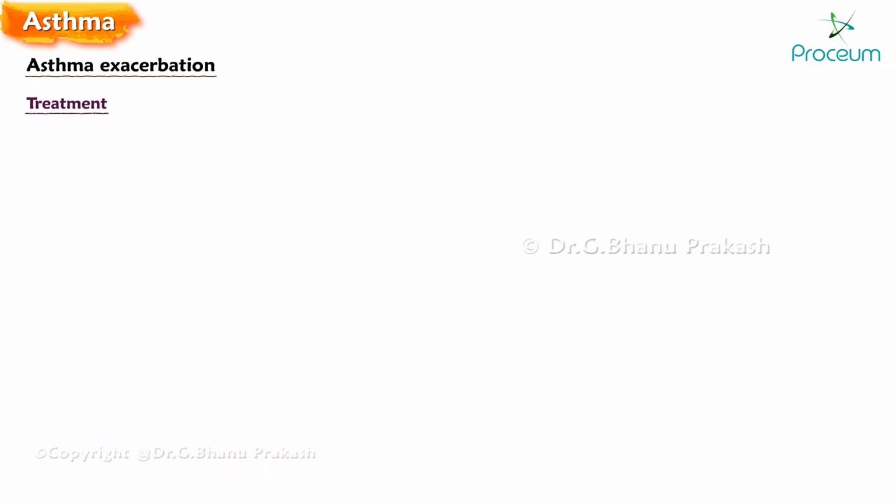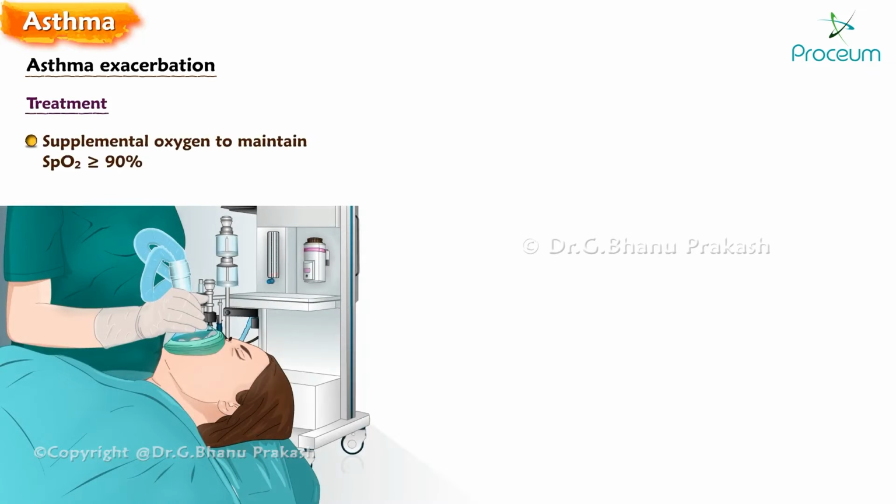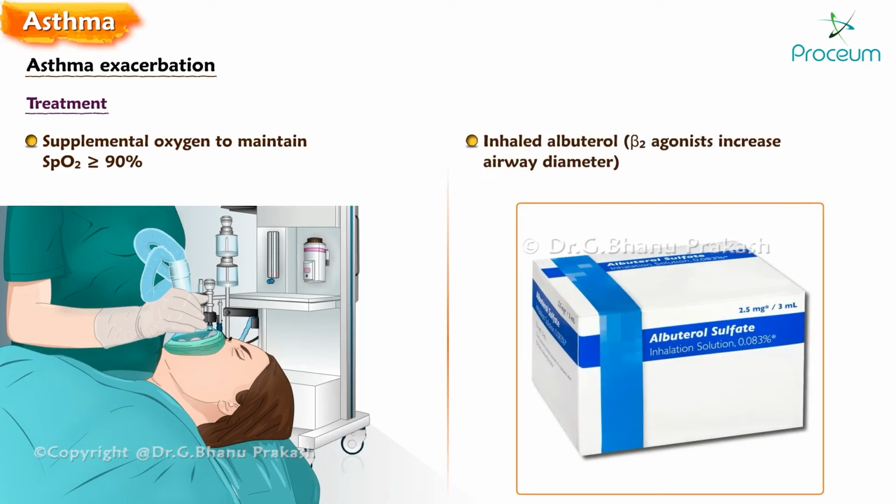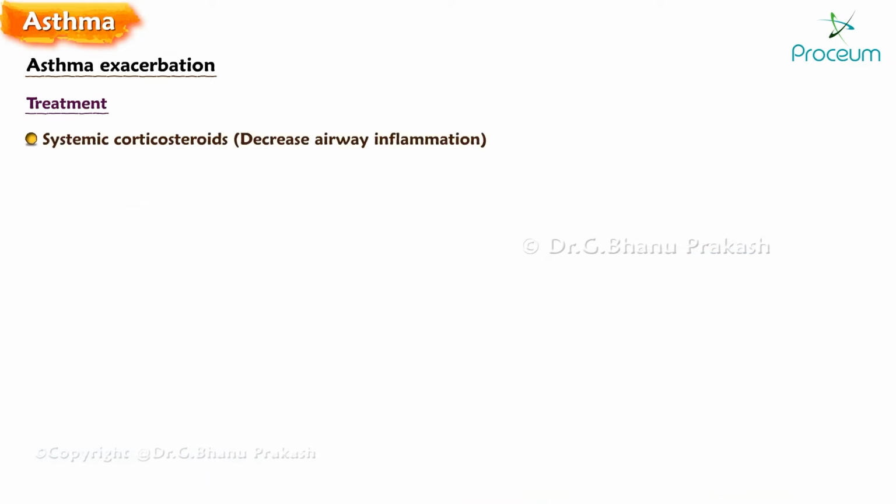The treatment for an acute asthma exacerbation includes supplemental oxygen to maintain SpO2 of at least 90%, inhaled albuterol, a beta-2 agonist, to increase airway diameter, and systemic corticosteroids to decrease airway inflammation.